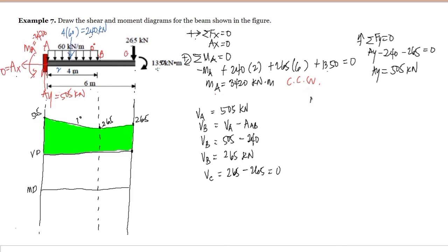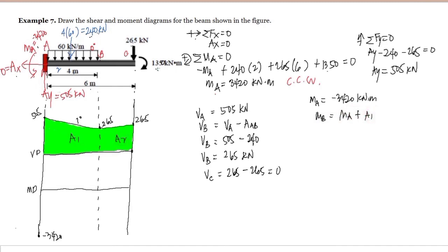How about the moment? For the moment at A, we have negative 3,420 kilonewton meter. So here we have negative 3,420. And the moment at B is just equal to the moment at A plus this area 1. I will assume the other one is area 2.